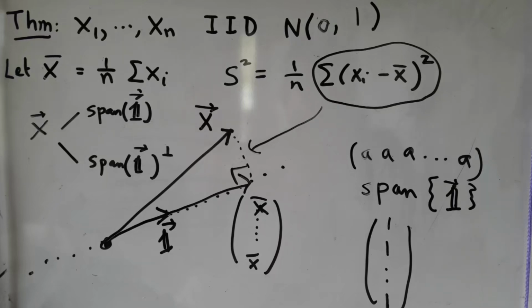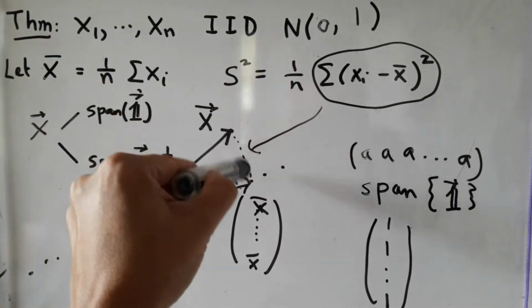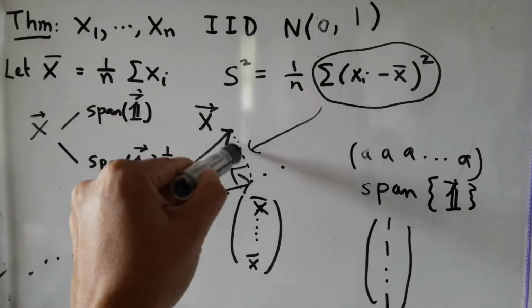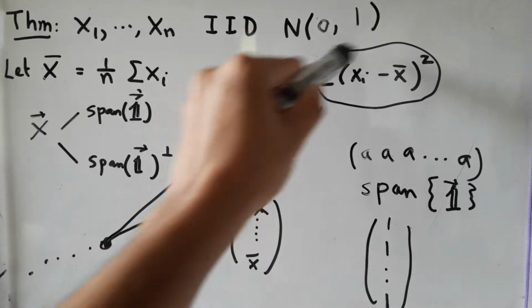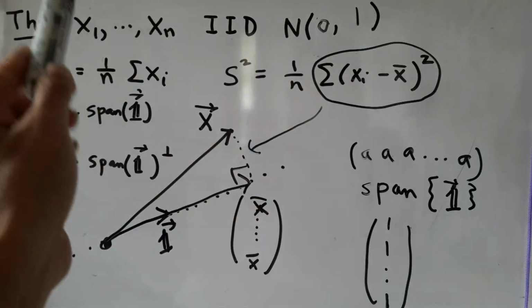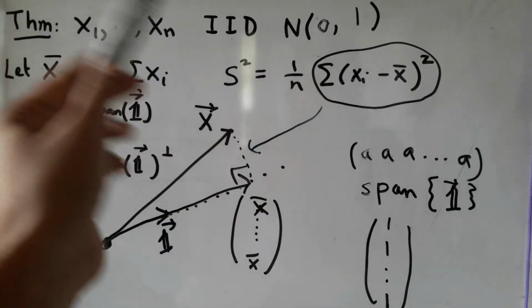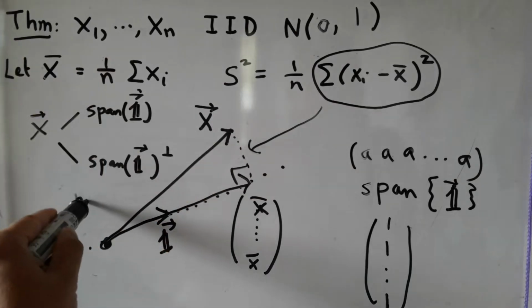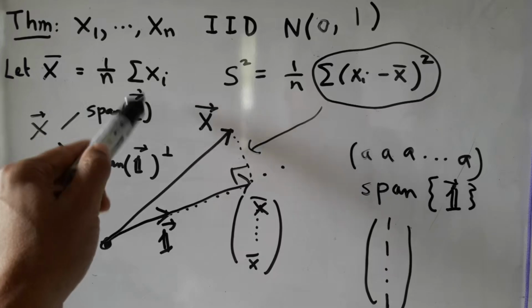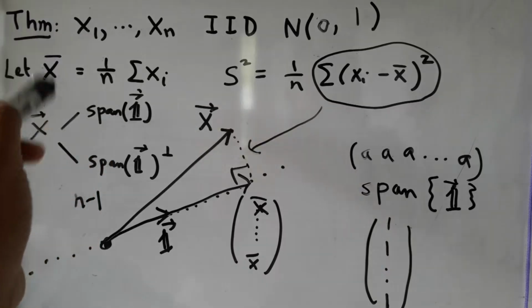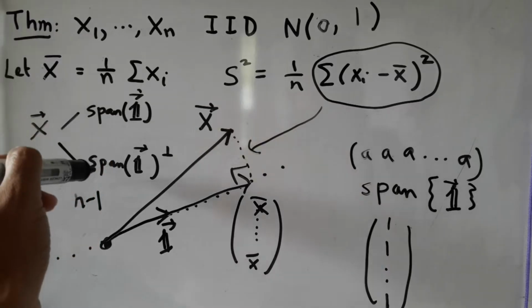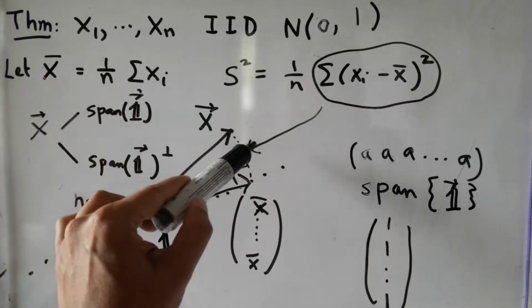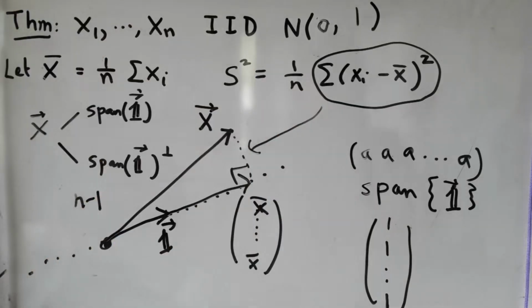Number one. Number two, what is this thing? This is the orthogonal projection of a vector, all of whose entries are IID normal 0, 1, onto a space of dimension n minus 1. Because this has dimension 1, the total has dimension n, so it has n minus 1. So immediately you see that this must have chi-square with degrees of freedom n minus 1.